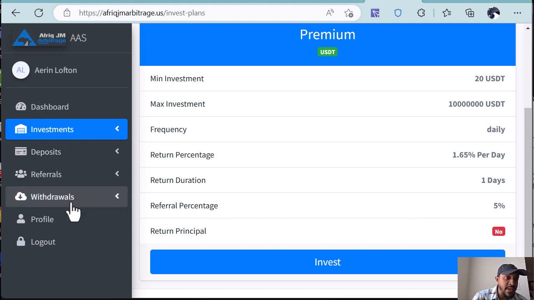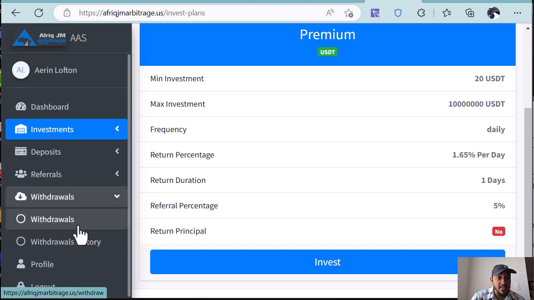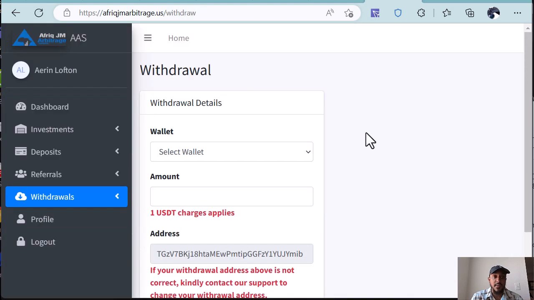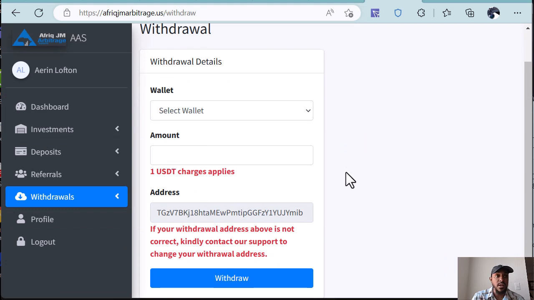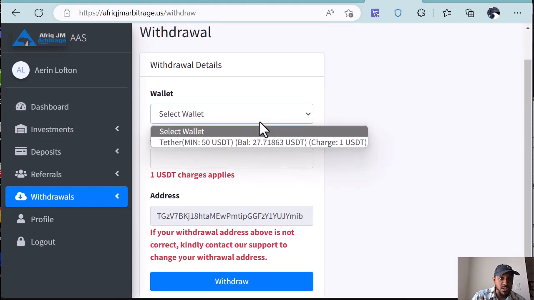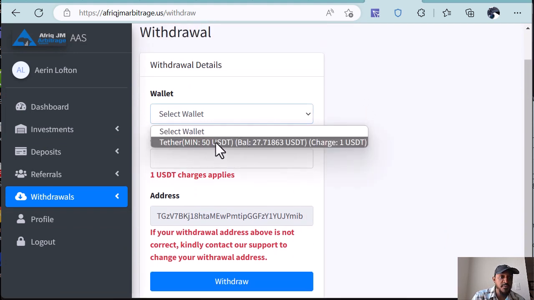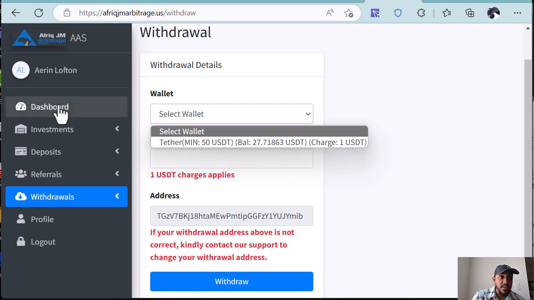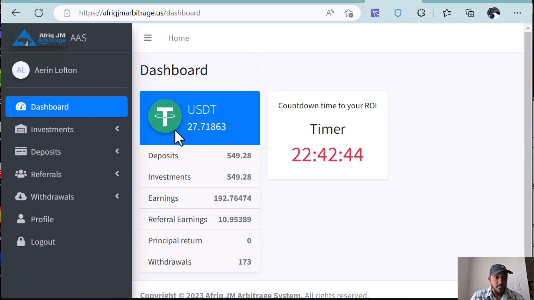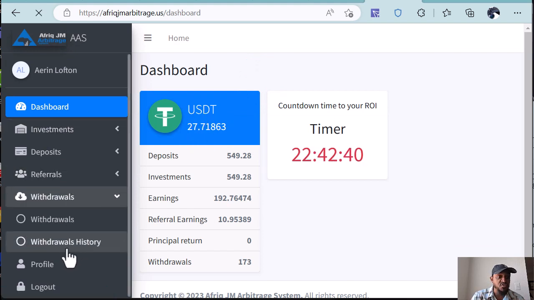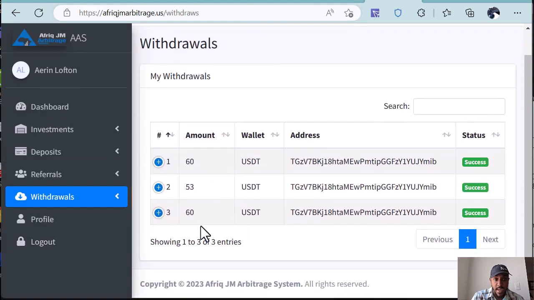So let's take a look at withdrawals because this is going to make everything make sense when we start compounding. In order to withdraw, there's a minimum of $50 USDT. When this balance gets to $50, I'll be able to go in here and execute a withdrawal like I've done in the past.